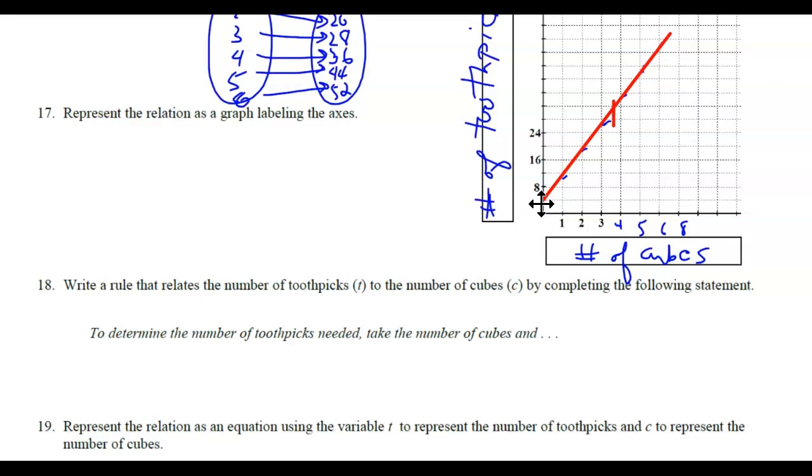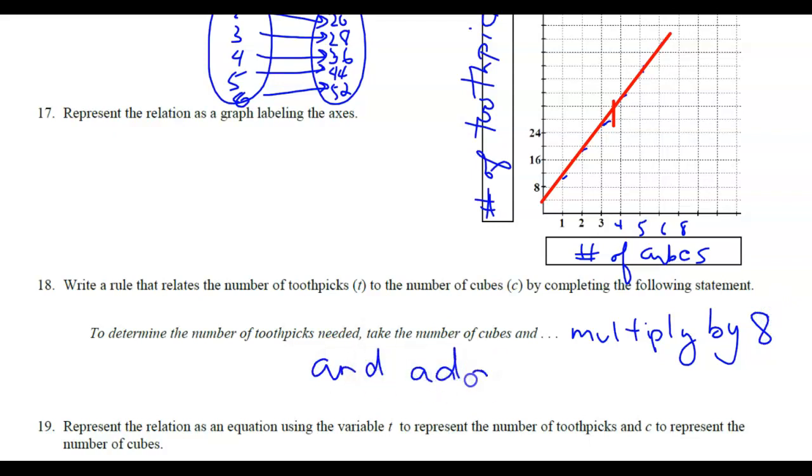So that means when we write our equation, or this will be in words, to determine the number of toothpicks needed, take the number of cubes and multiply by 8 and add 4. So 1 times 8 is 8 plus 4 is 12. That's my first value. 2 times 8 is 16 plus 4 is 20.